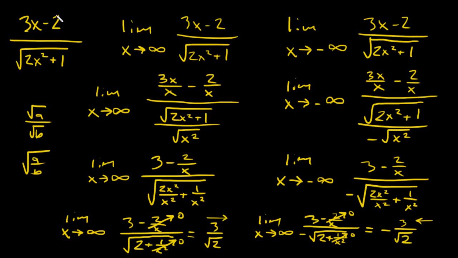So when you have an even root underneath like this, you're going to wind up with these two substitutions taking place. One of them is going to be positive root x squared. The other one is going to be negative root x squared, or the equivalent, depending on what the root degree is. So you're always going to wind up with one direction being one value, the other direction being the opposite sign value.